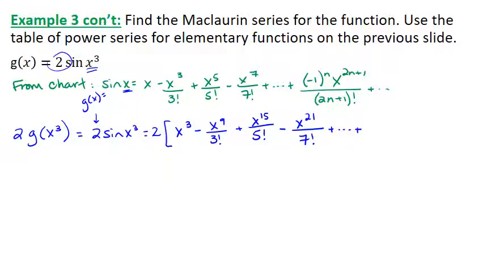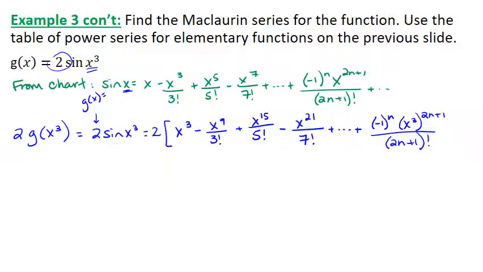Now you come here. You have -1 to the nth power. Instead of x, we are going to use x cubed to the 2n plus 1 all over the quantity 2n plus 1 factorial.